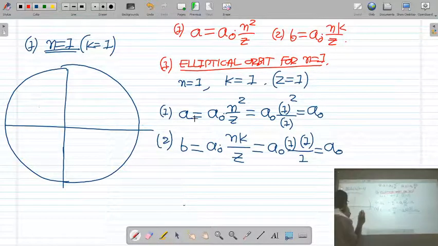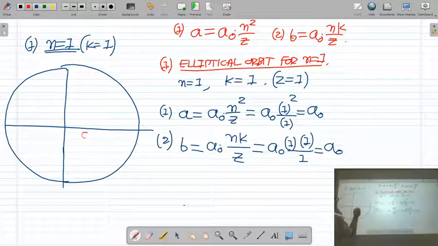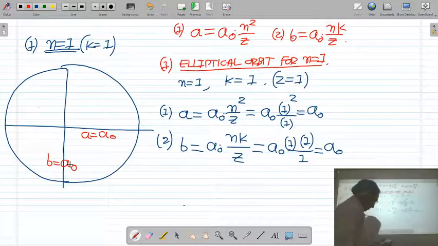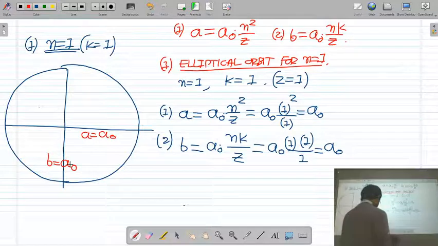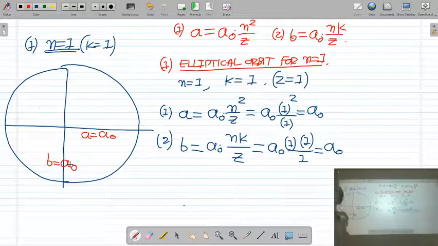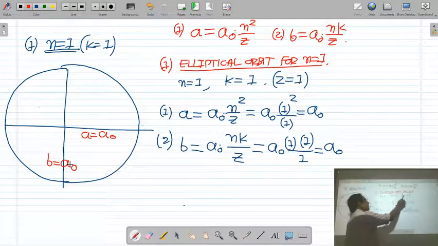The semi-major axis a is a0, and the semi-minor axis is also a0. So in case of n is equal to 1, k has only one value, that is 1, and for hydrogen Z is equal to 1.